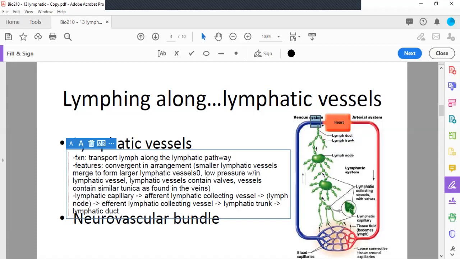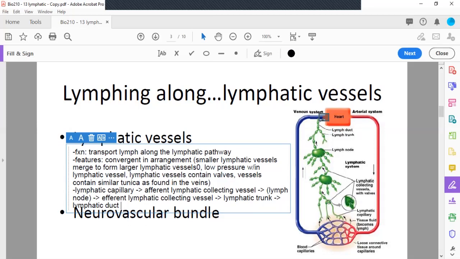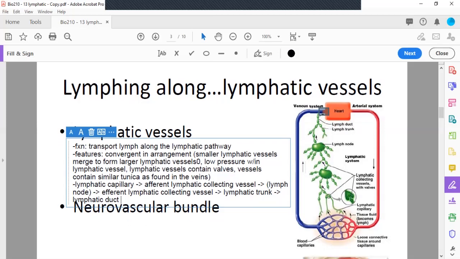What goes back into the heart should be the same volume as what leaves the heart for the most part. If you understand that, that covers the majority of what the lymphatic circulation is involved with.